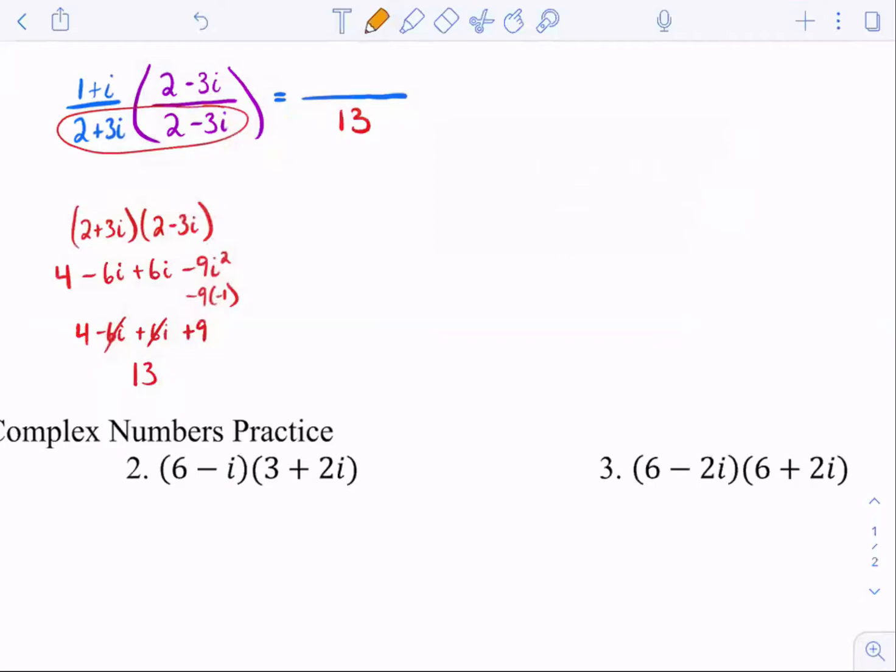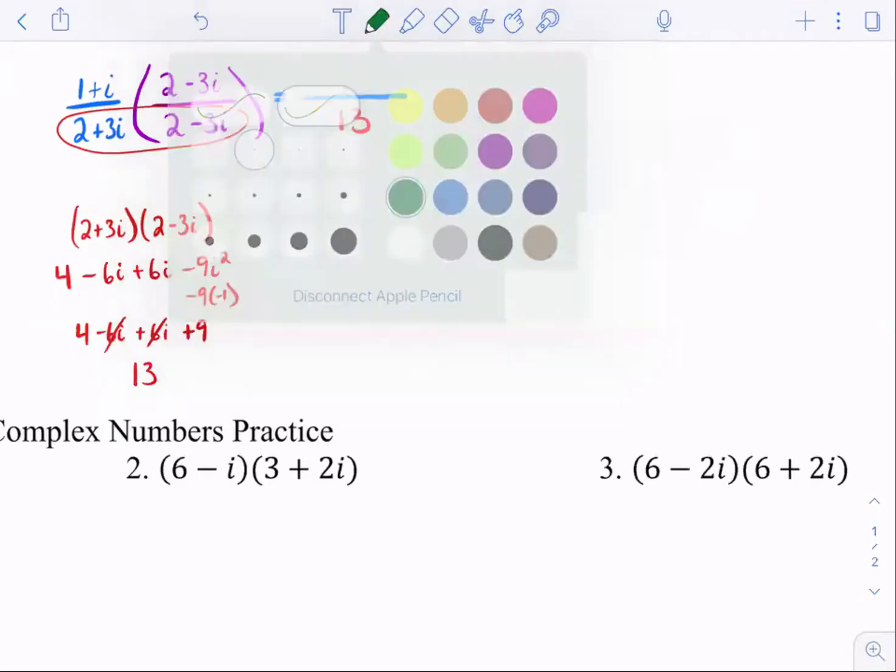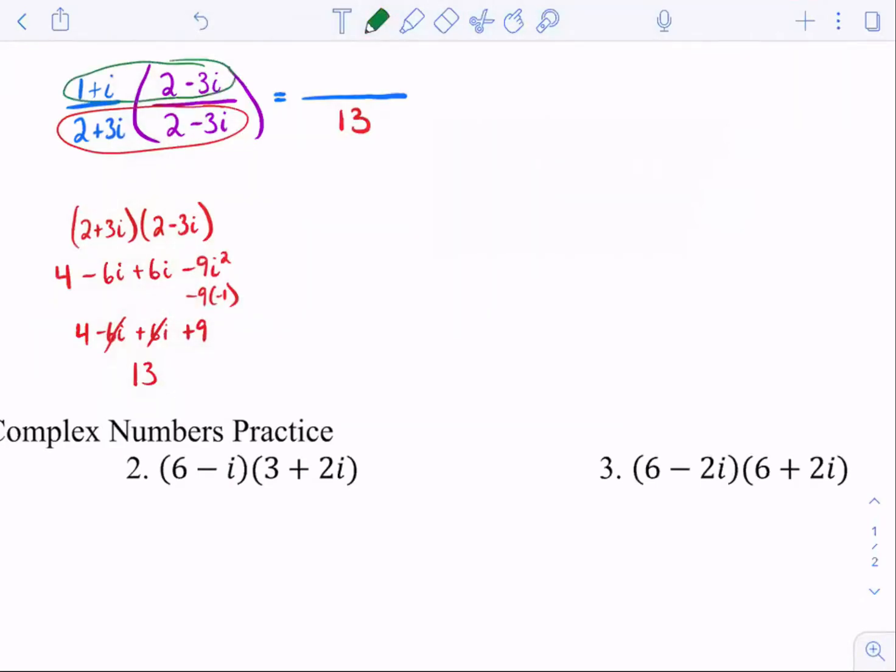And then I'm going to do the work for the numerator in a different color. So let me do this work here. So 1 plus i times 2 minus 3i. So 1 times 2 is 2. Then 1 times negative 3i is negative 3i. Then i times 2 is positive 2i. Then i times negative 3i is negative 3i squared.